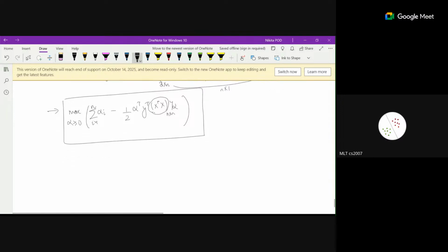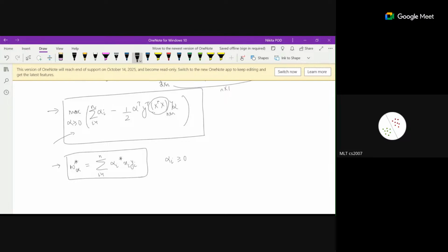So what is the optimal W star that we got? The optimal W star was the sum over alpha I star Xi yi, where I varies from 1 to n, and this alpha star we obtain from solving the dual problem. The condition on alpha I was that it should be greater than or equal to 0.